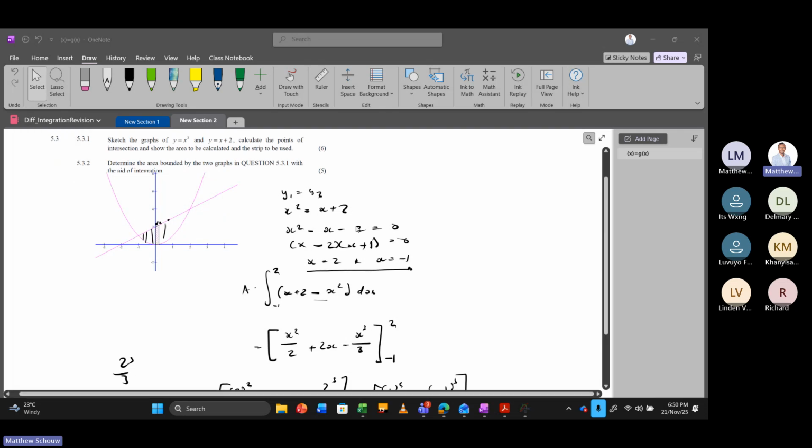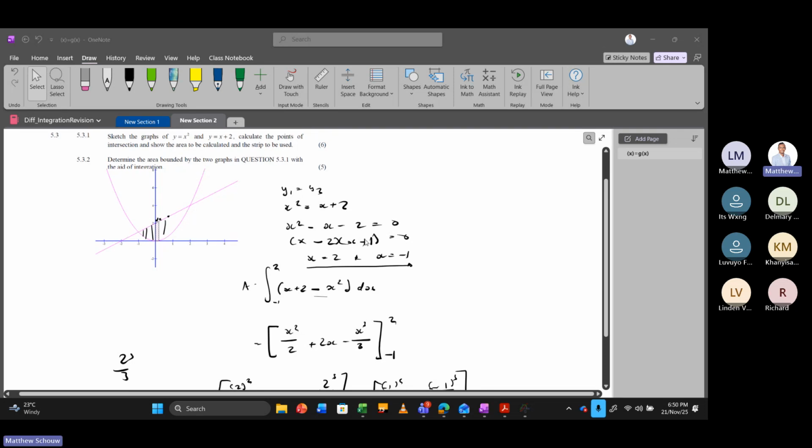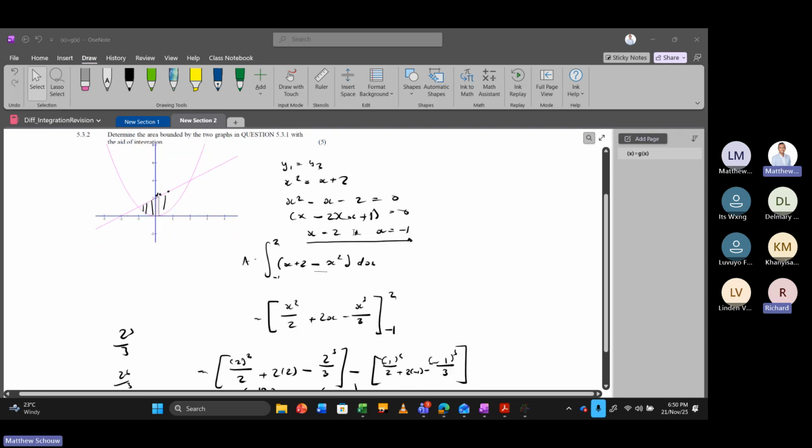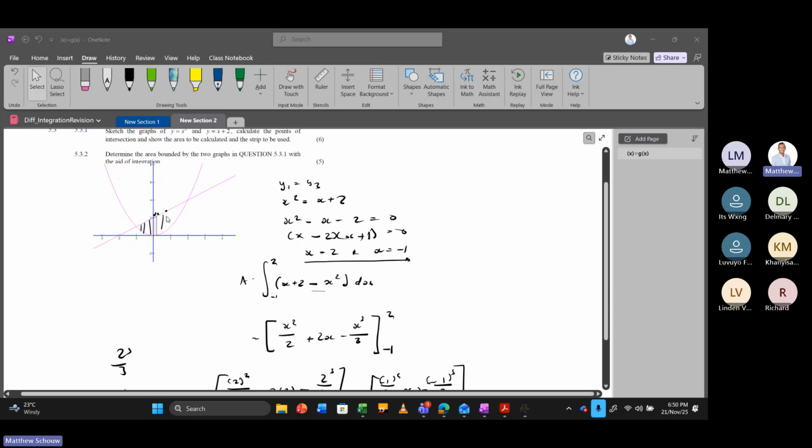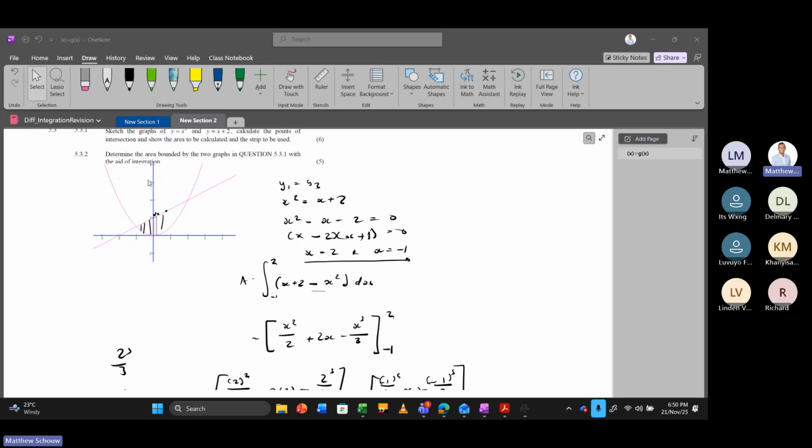We carry everything over to the other side and factorize because we have a quadratic. Here are 2 points. Because we're dealing with the x direction, it's going to be this graph minus that one. If we were integrating through y, and the bounds were from 0 to 2, it would have been this graph minus that graph, right?